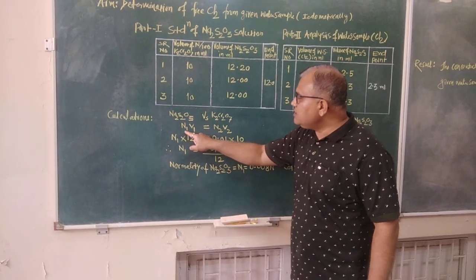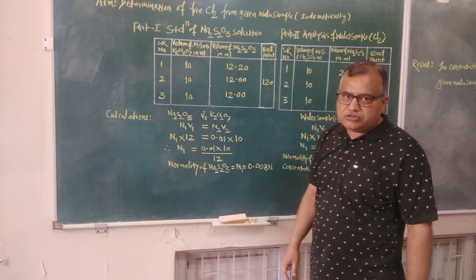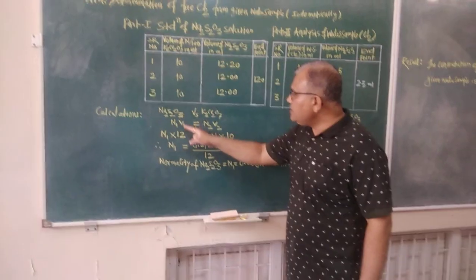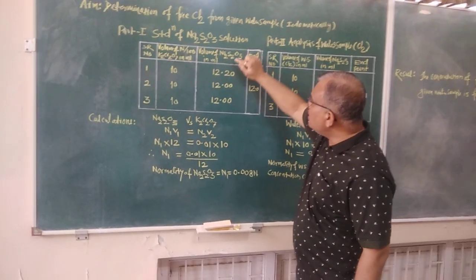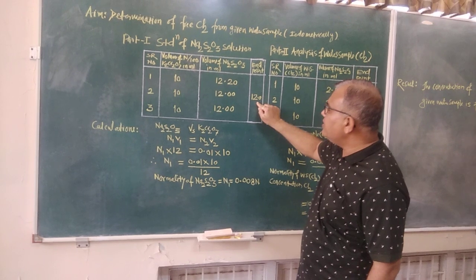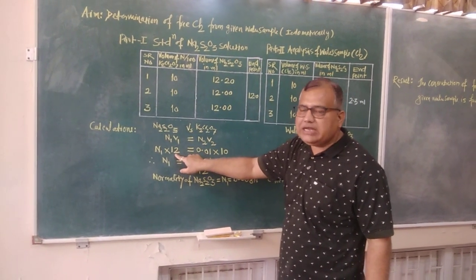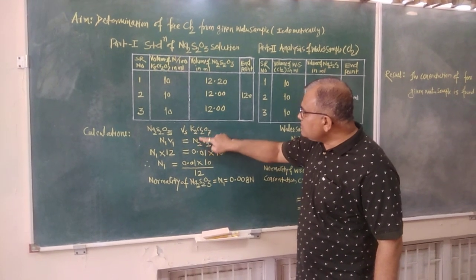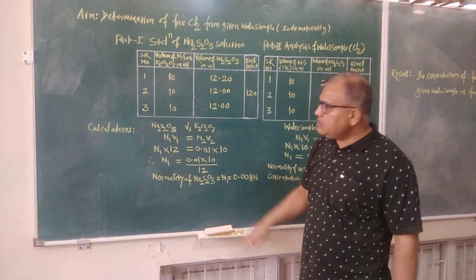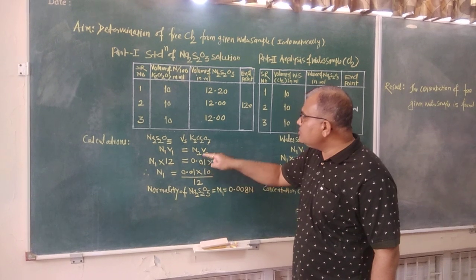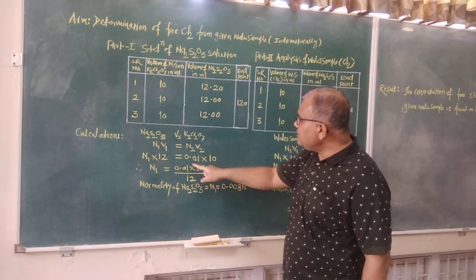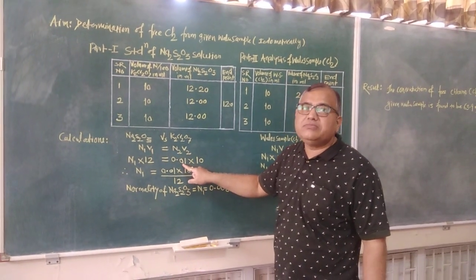So N1 is the normality of Na2S2O3, which is to be calculated. V1 is the volume of Na2S2O3. See, volume of Na2S2O3 means end point, and therefore I have written here the value of V1 as 12. Then N2 is the normality of K2Cr2O7, and the normality of K2Cr2O7 is given to you, and it is 0.01 because it is N by 100.